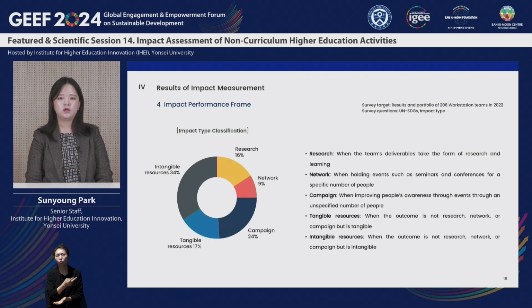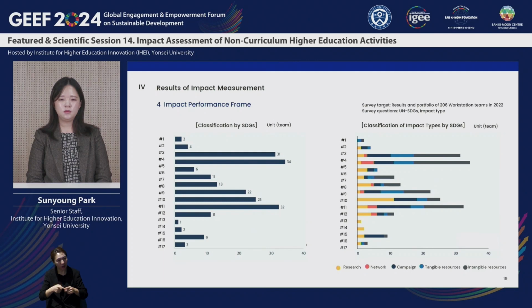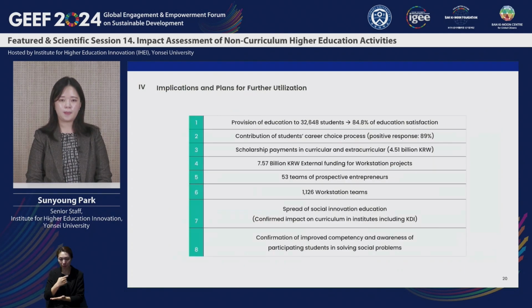These types of impact were structured into an impact performance framework, which we aim to apply to future workstation programs for impact measurement and management. Through this impact performance framework, we will classify activity themes for each stage.